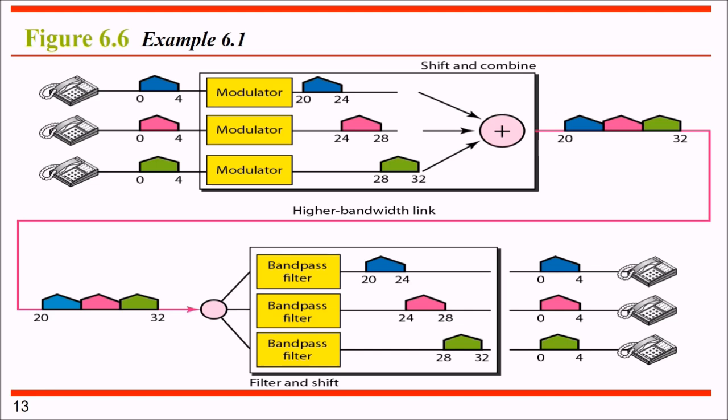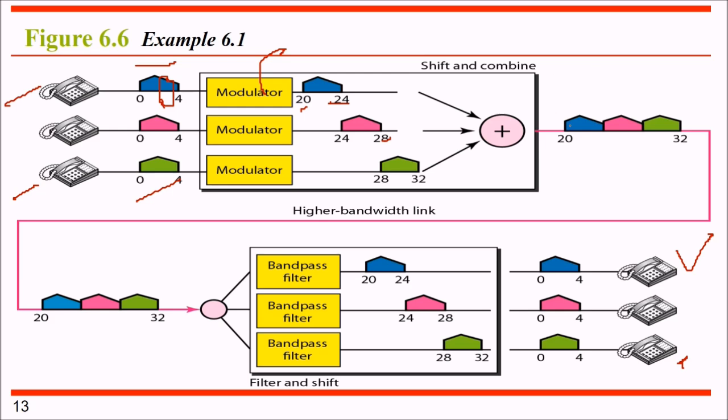How it actually works. These are 3 telephones, say. Voice means you want to call, and this person wants to call someone else. How can he call? When the other person would call, how is he going to do it? He has a 4 kilohertz voice channel. All have. The modulator will carry these signals in the frequency range 20 to 24. This one from 24 to 28. This one from 28 to 32.